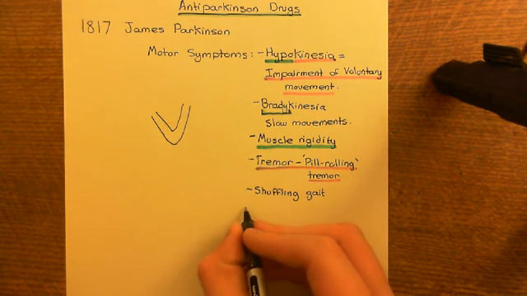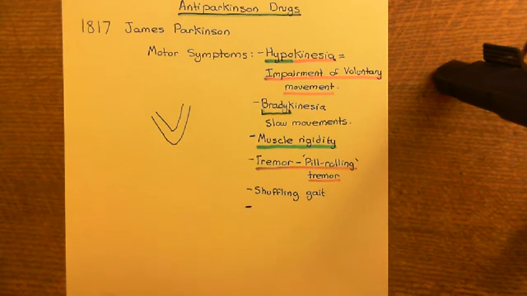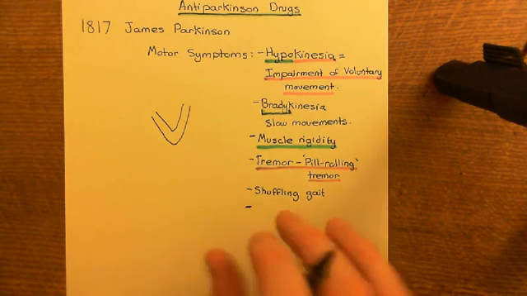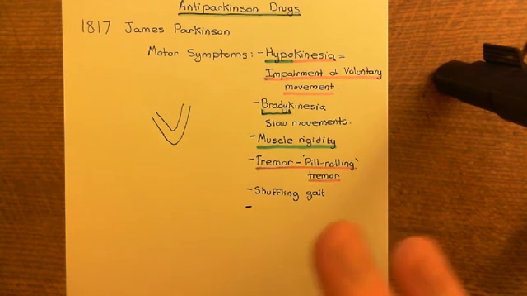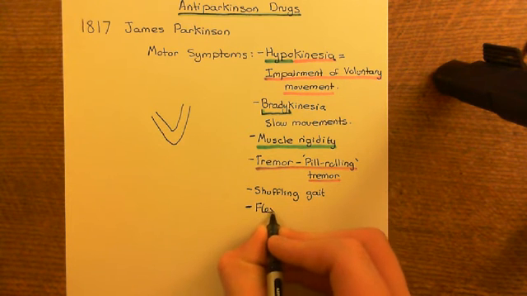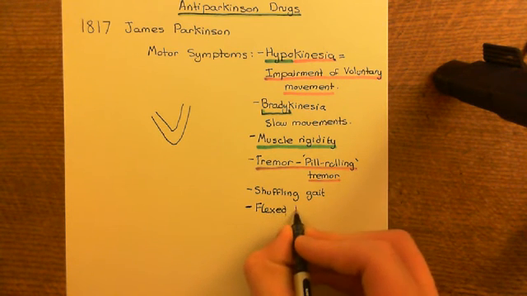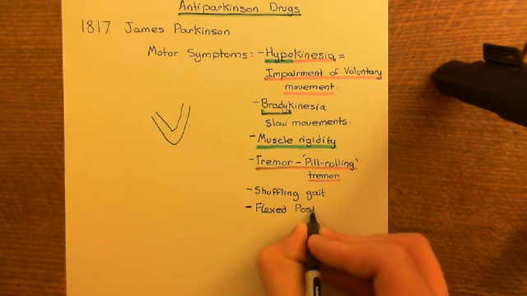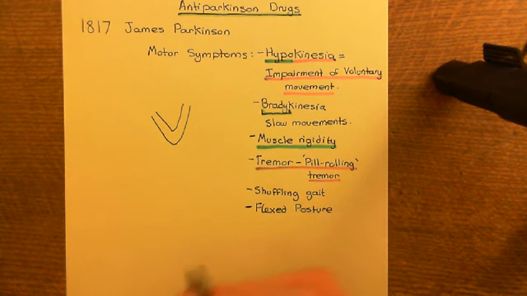And then the final motor symptom that I want to talk about, and you could go on, you can put more and more niche ones down. These are the main ones that I'm going to tell you about. The final one I want to mention is that generally you end up with quite a flexed posture, and that's the nice way of saying hunched over, basically. So generally they end up sort of hunched over.